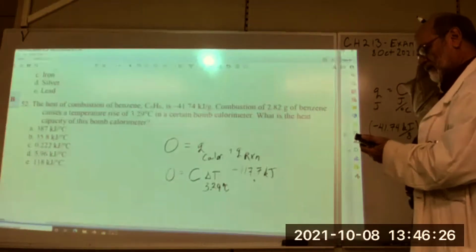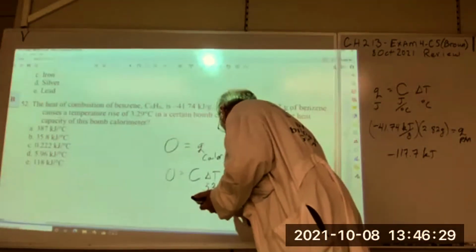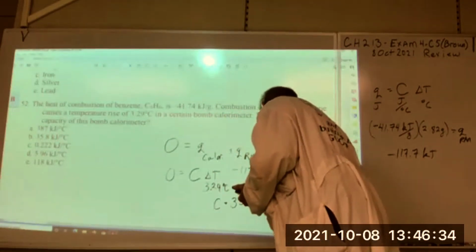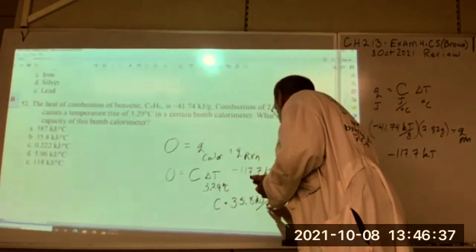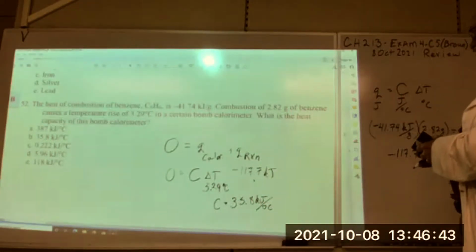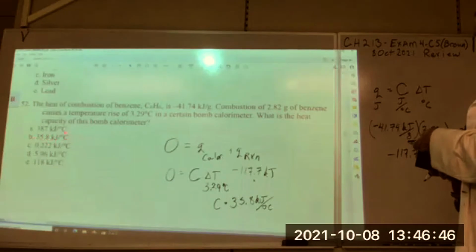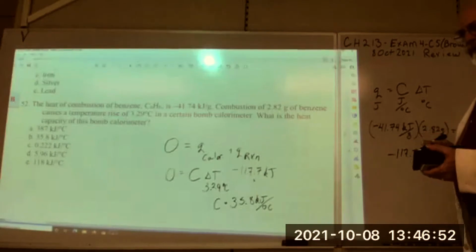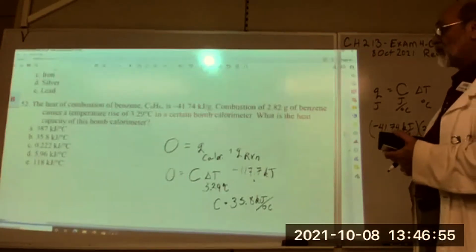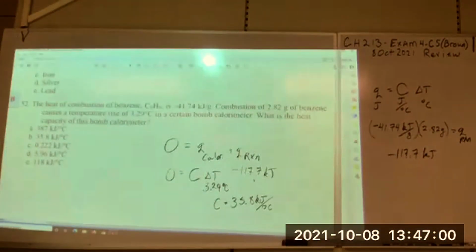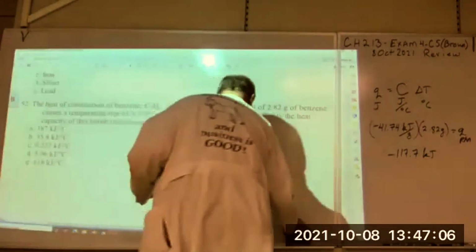So I get 35.8 kilojoules per degree C. There it is right there. Okay, did I lose anybody in that discussion? Because I get the feeling I almost lost myself. So that's why I'm asking you if I lost you too. Okay, that was 52.